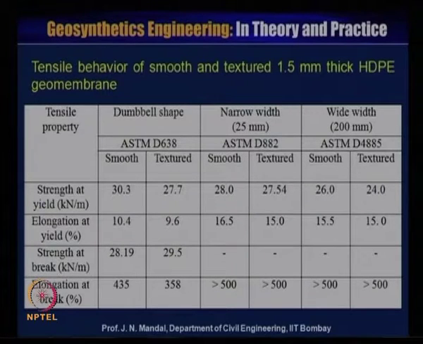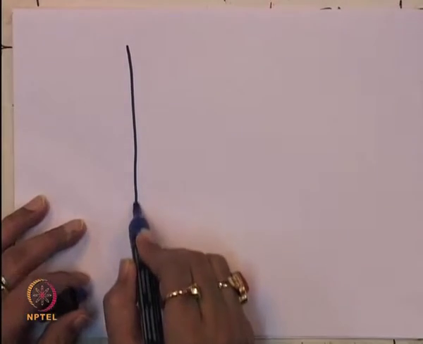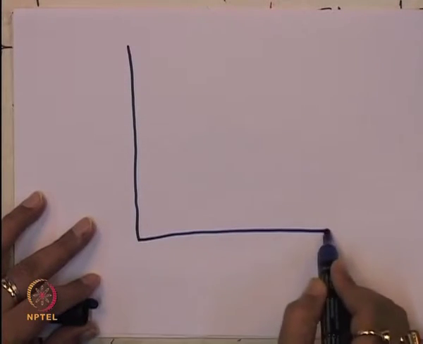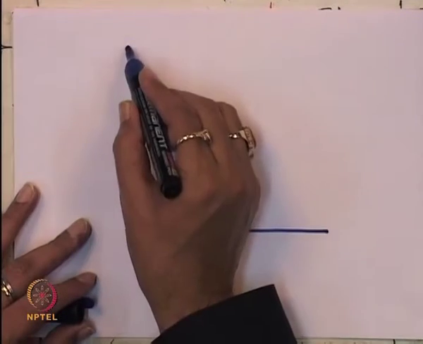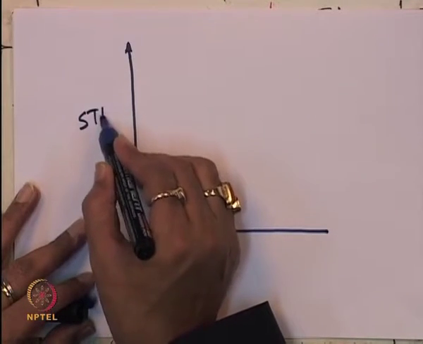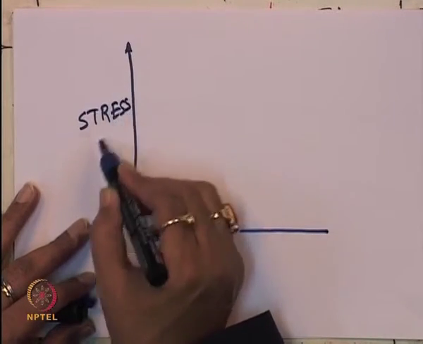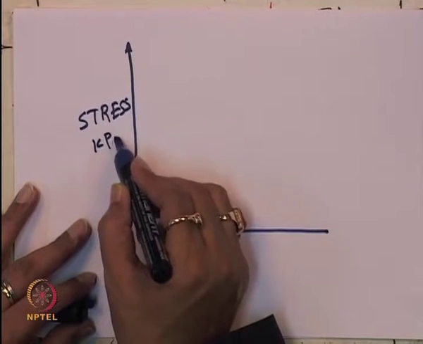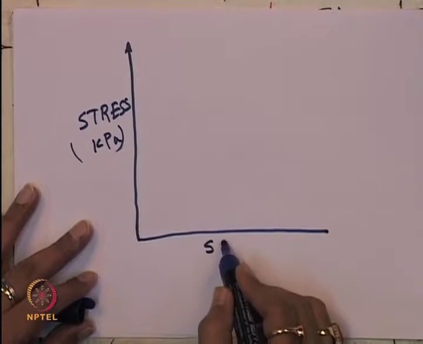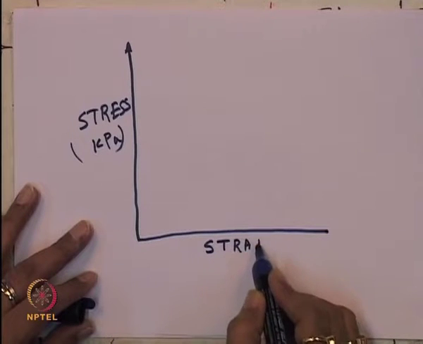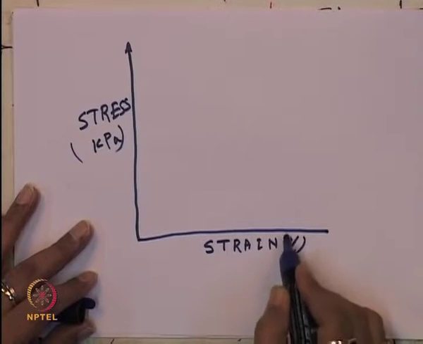Now, I just wanted to explain some tensile stress versus strain response curves for HDPE and PVC. For example, this is the stress, in kilopascal, and this is the strain, in percentage.